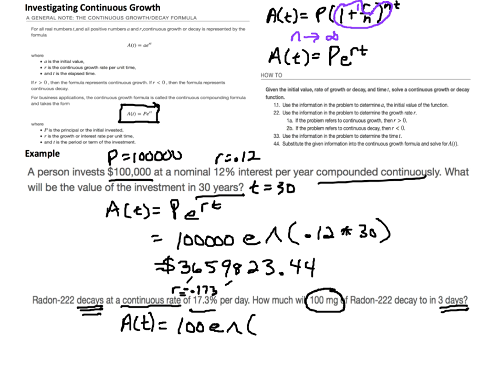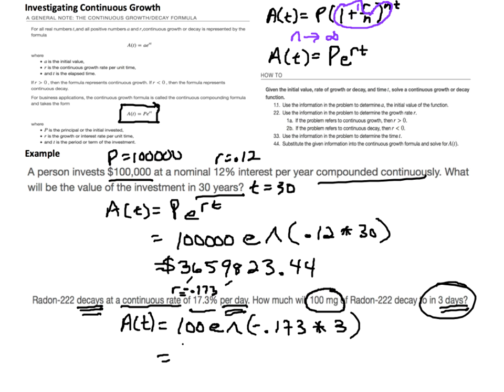Negative 0.173 times our time, which in this case is given in days. So 3 compounding periods basically, because it decays per day. The time in years only applies to our investment function there.